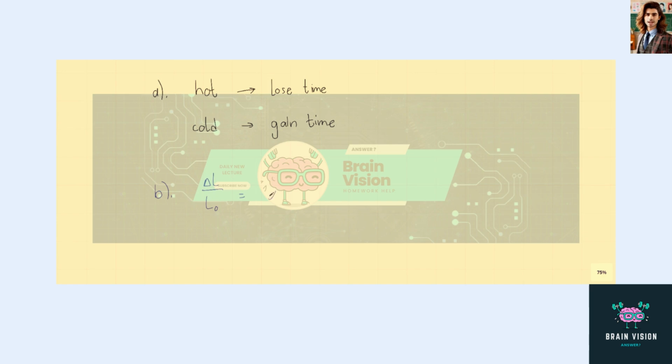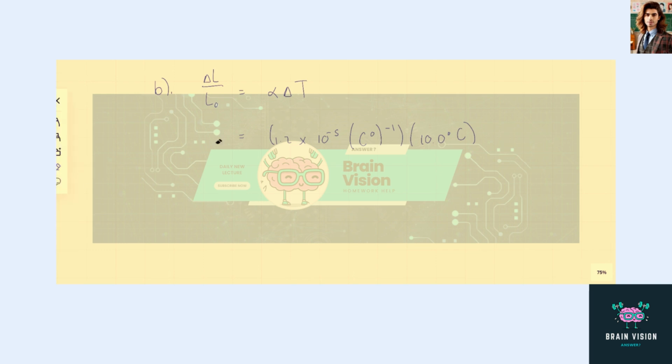And this is equal to alpha delta T. Now we know alpha, the linear expansion coefficient for steel, is 1.2 times 10 to the minus 5 per Celsius degree, times the change in temperature of 10 degrees Celsius.